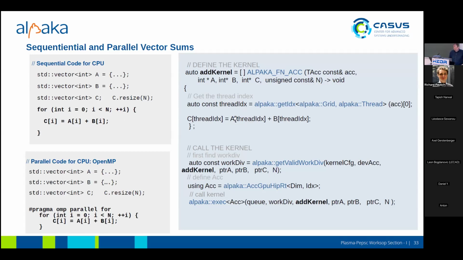Then we are using that index, and each thread is going to call this kernel, and each thread will of course have a different thread index. Then this summation will be done by a grid of threads to find the resulting array.